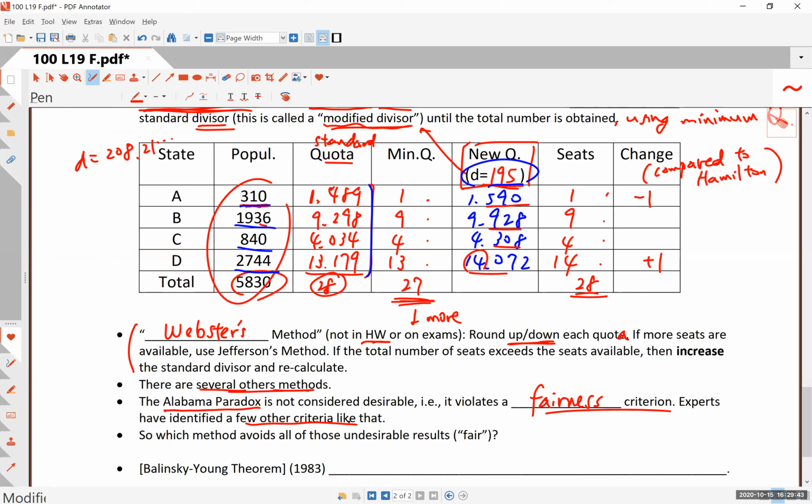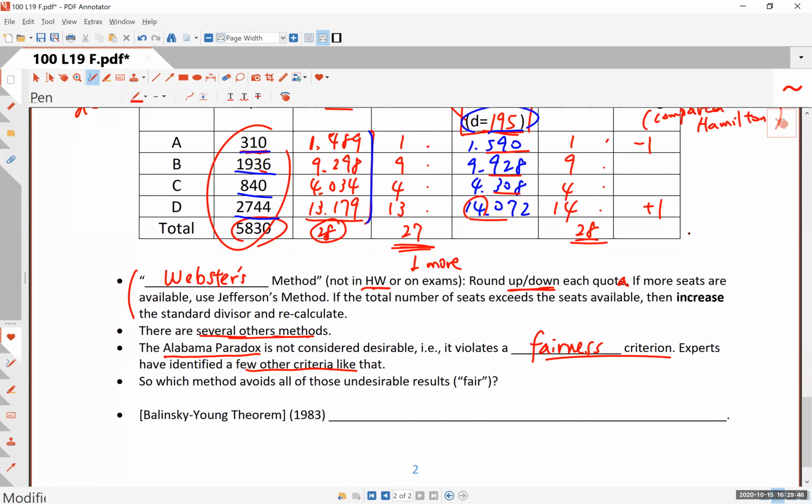So we have a set of 4 or 5, what is known as fairness criteria, all right? And a good method of apportionment should satisfy all of the fairness criteria because after all, we want a fair system, right? Okay, so the question now is which method avoids all of these undesirable results. In other words, which method would be guaranteed to avoid all unfair situations and therefore guaranteed to satisfy all fairness criteria?